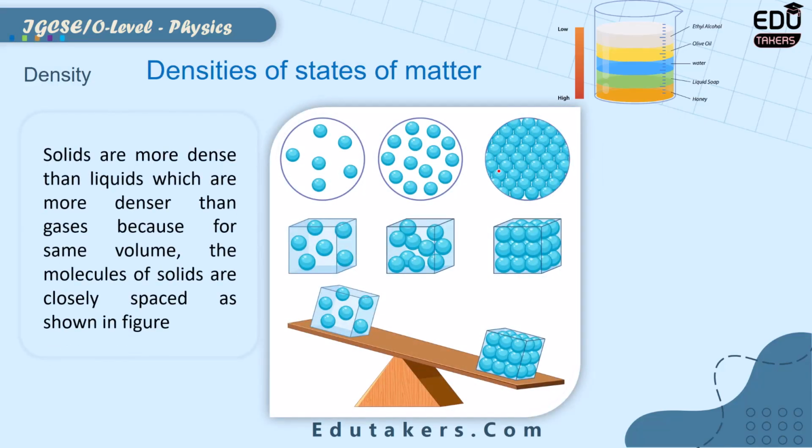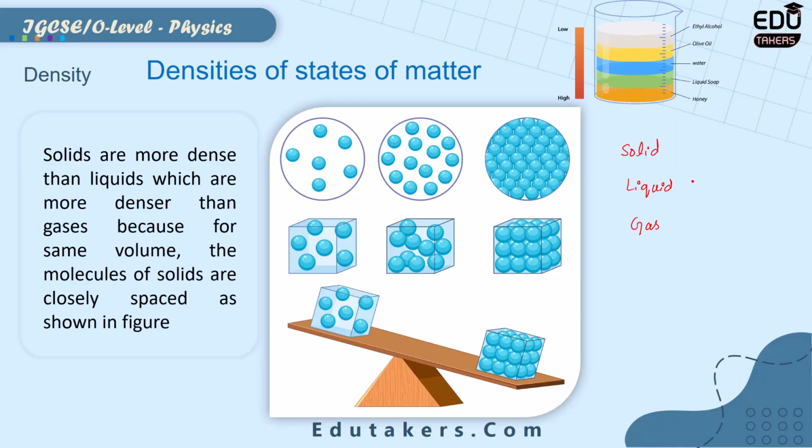Next, we talk about the densities of different states of matter. There are three states of matter, that is solid, liquid and gas. In all of these states of matter, the atoms are arranged in a different manner.